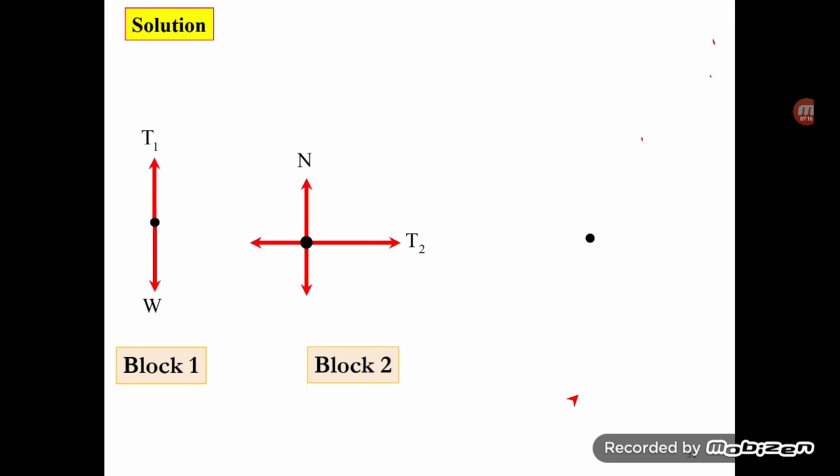So the solution: free body diagram for block 1 has weight and tension 1. Block 2 has normal force, tension 2, tension 1, weight and frictional force.